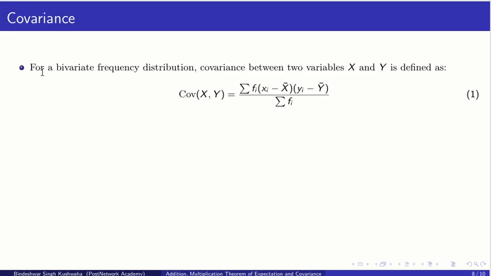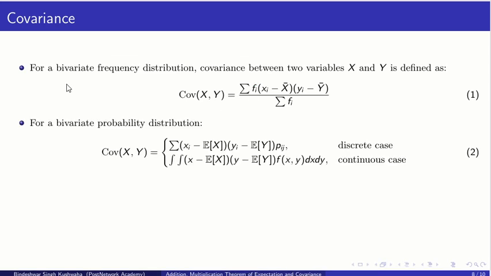Now let us understand covariance. So covariance is defined between two variables x and y, and for a probability distribution, you will get the sum of x minus the expected value of x, times y minus the expected value of y, times the joint probability distribution. The same way here, x minus the expected value of x, y minus the expected value of y, and this is the joint distribution.